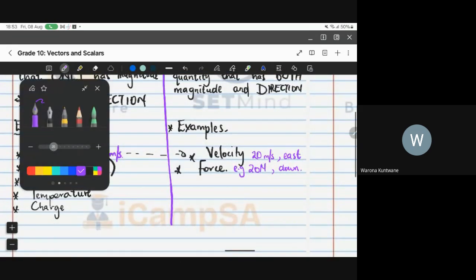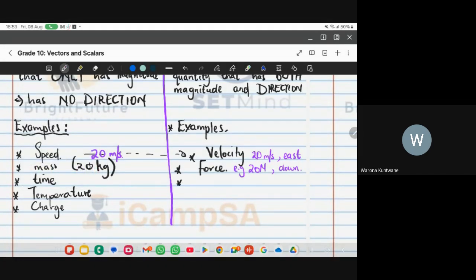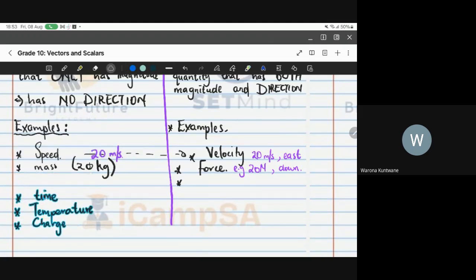Another example, let's try this one, black. Another typical example of this is displacement. Oh, I should have put it there actually. Should have done this. I forgot to mention that an example of a scalar is distance, right? While they can say 20 meters, for instance. While we have displacement.